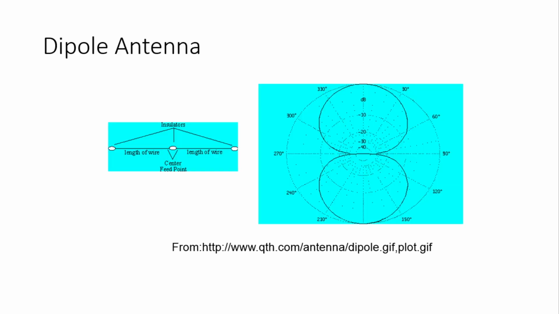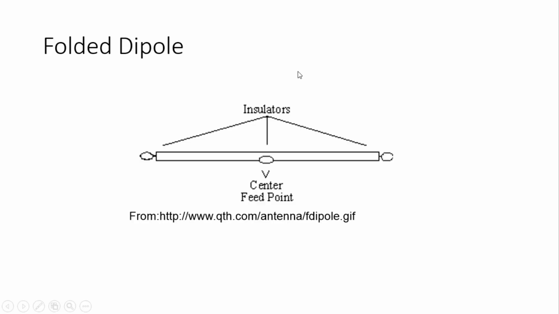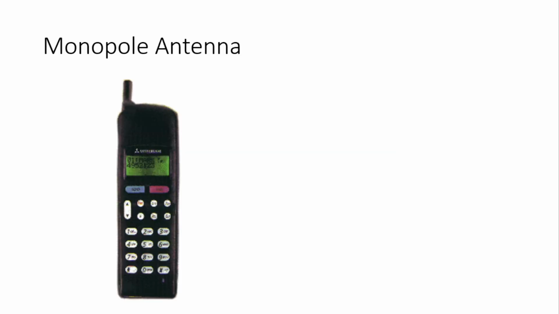This is the structure of a dipole antenna, and this is the area which dipole antennas cover. Folded dipole: this is the structure of a folded dipole, which covers the area from the center feed point. These two are the outer sources, and the front one is the insulator where the reflection takes place.